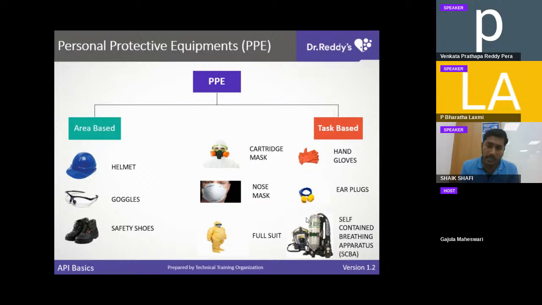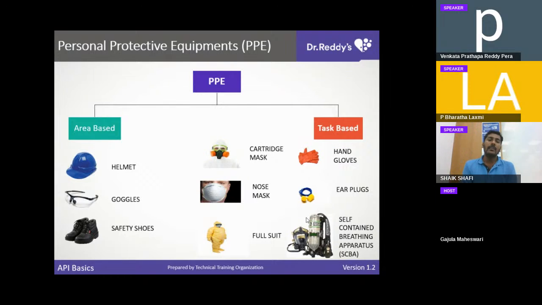Then we have engineering controls. Let us take the example of rotating equipment: we add guarding to stop any accidents. Again, there is administrative control: supervisors supervise how we are working and whether we follow proper safety. PPE is the last control, the final control. In general, area-based PPE is helmet, goggles, and safety shoes. This is the basic safety required to enter the API plant.